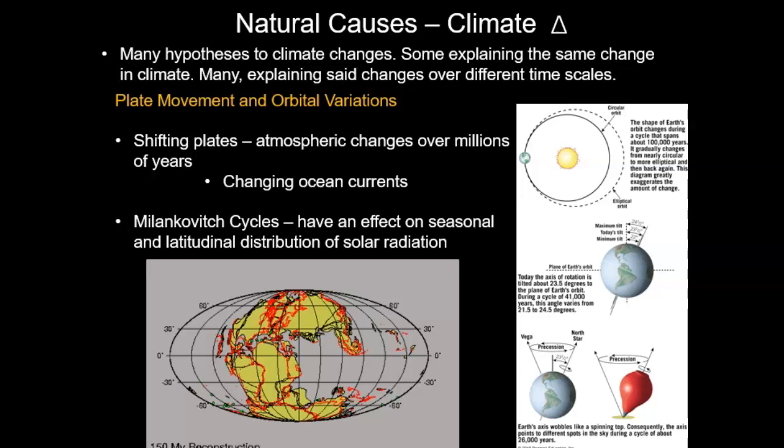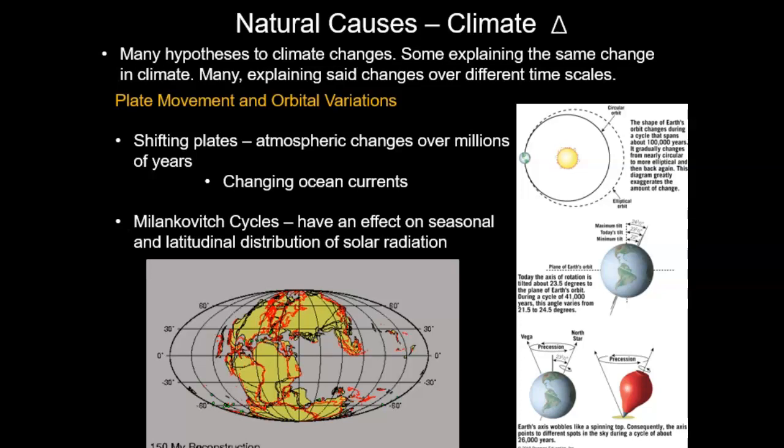As you'll see, there are many hypotheses that may explain the same effect, and that doesn't necessarily mean that one of them is correct and the other isn't, but that they could all be contributing to the climate change that we're seeing.